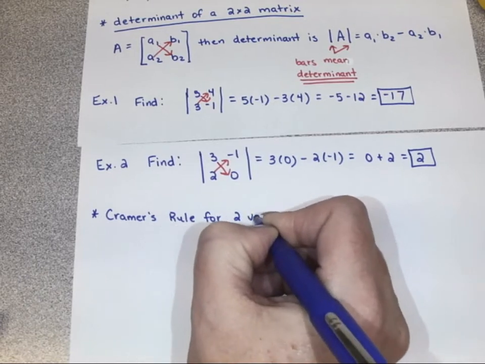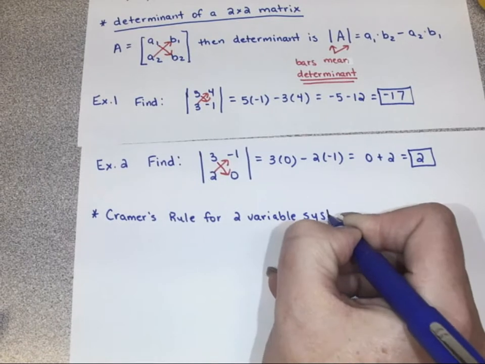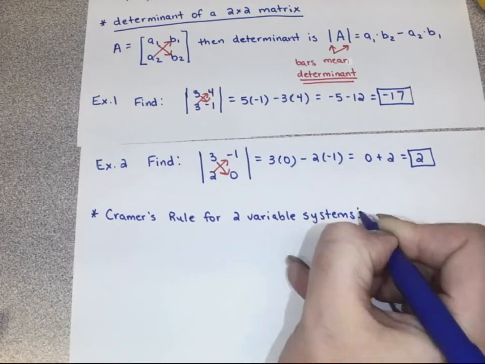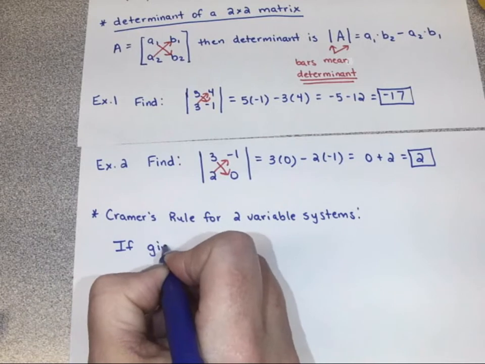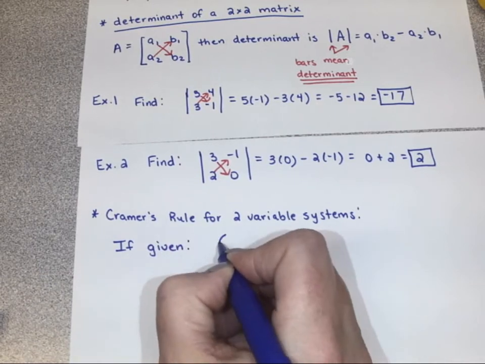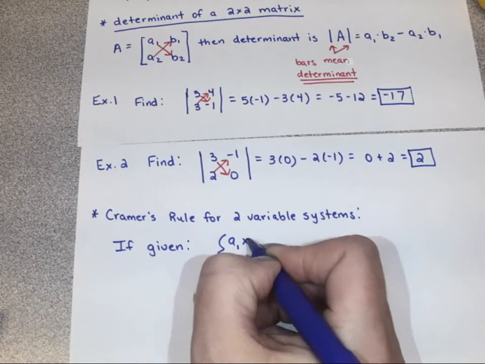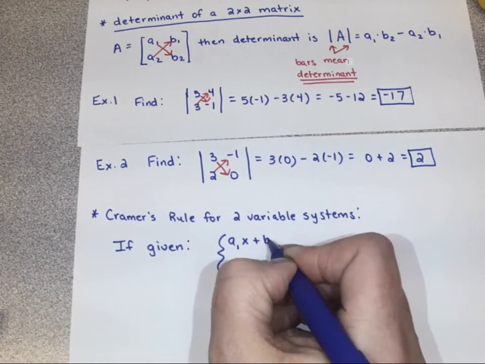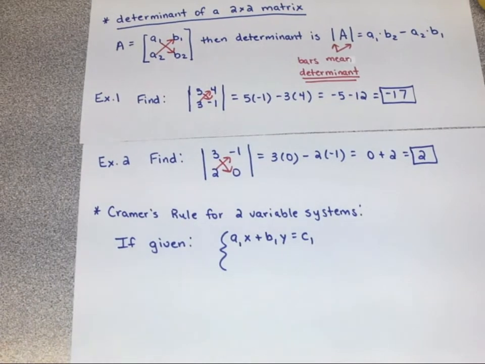for two variable systems tells you how to find x and y using a series of determinants. So let's say that this is your system of equations. I know this has a lot of letters. Just know that A, B, and C are just going to be numbers.